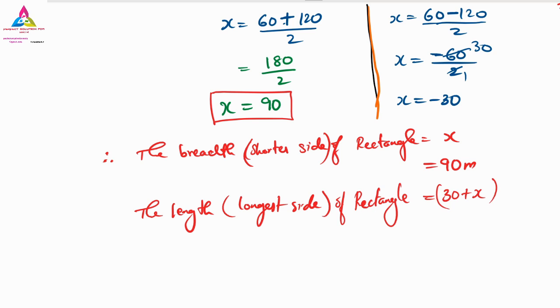So that is nothing but 30 plus the x value, 90. So 30 plus 90 is 120 meters. So we have found the length and breadth of the rectangle. They have not told you to find the diagonal, so no need to find the diagonal, only length and breadth.